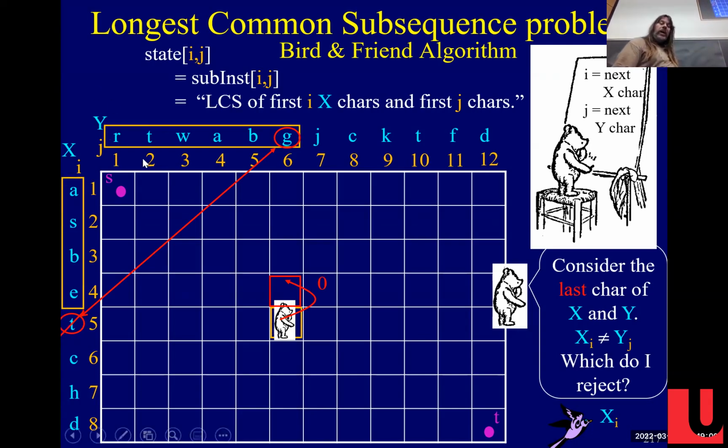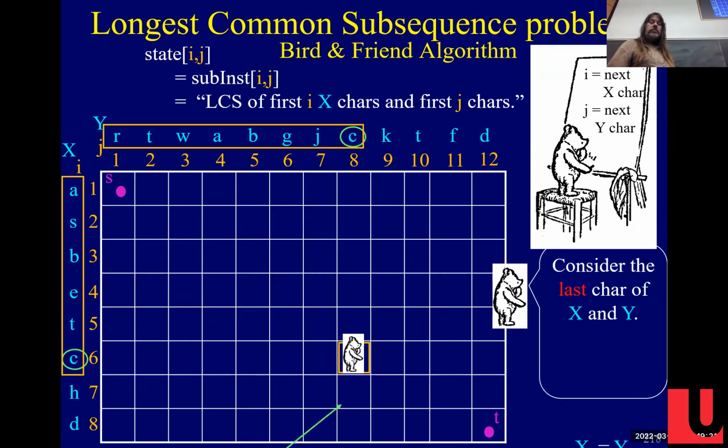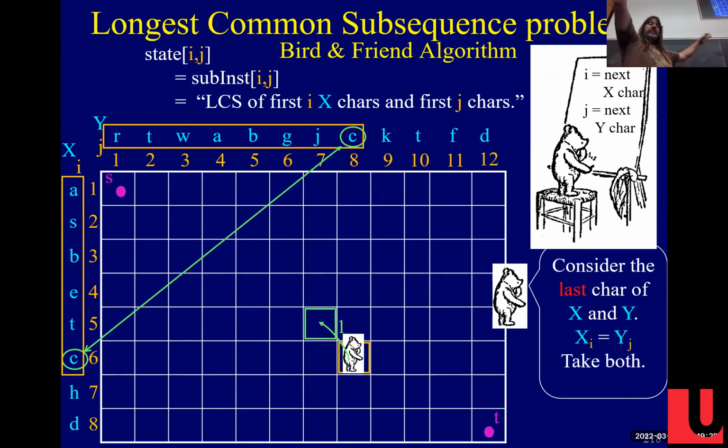And now what do I give my friend? Because then I recurse on my friend, and my friend has this smaller subinstance, where we subtracted one from i. And similarly, we can go in this direction, where we subtract one from j, or similarly, we can go subtract one from both. They're the same, so we take them and go both, right? So you can see it's the same except going in the other direction.